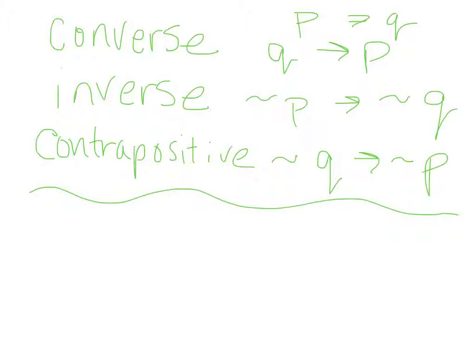If you don't live in Atlanta, then you don't live in Georgia. The contrapositive is if you don't live in Georgia, then you don't live in Atlanta. You can't live in Atlanta if you don't live in Georgia. You're absolutely right.